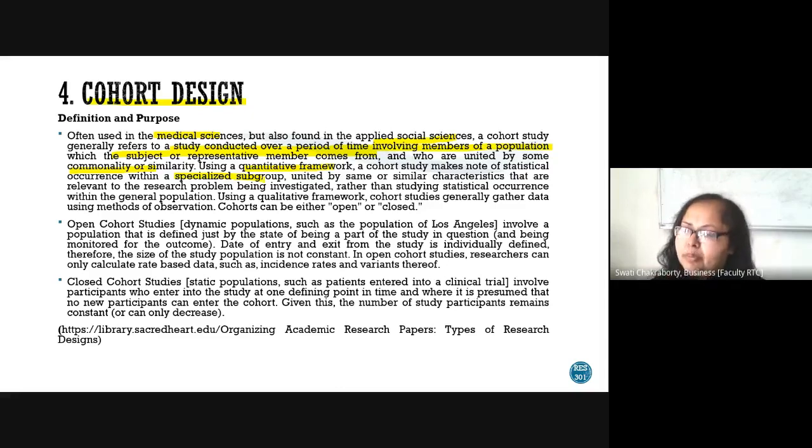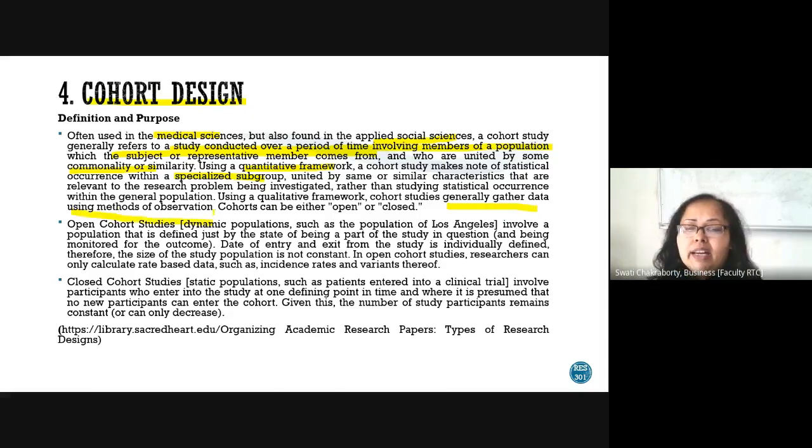Cohort means a group of people having similar characteristics who belong to the entire population, right? It's a part of the population, a subgroup with some special characteristics. Okay, so when we use this research design, it generally helps in gathering data using methods of observation.